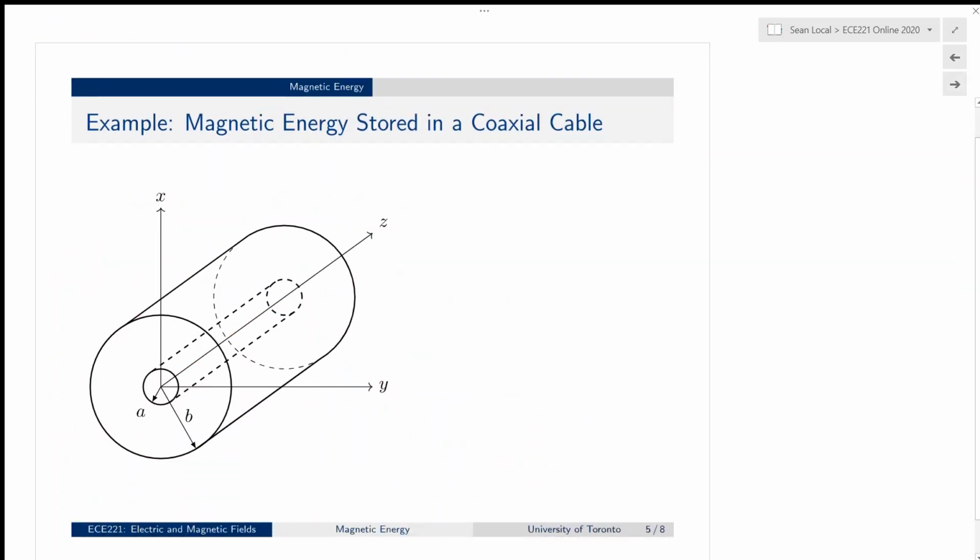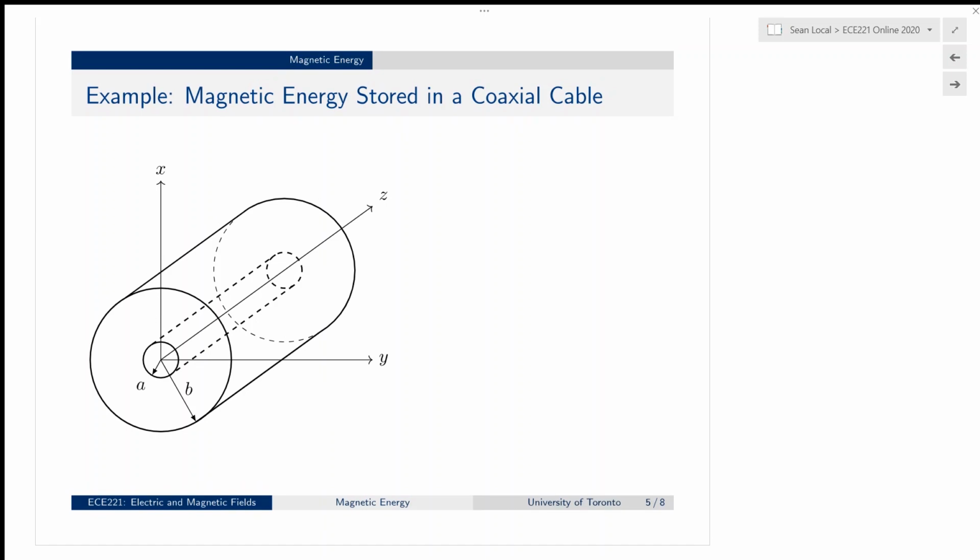All right, to drive this point home, let's consider a simple example of an electromagnetic device that we have analyzed a few times before, but we'll focus on the magnetic energy for this particular case inside a coaxial cable. To analyze the situation, we first need to write out expressions for B and H. From Ampere's law, we have derived the magnetic field inside the coaxial cable many times.